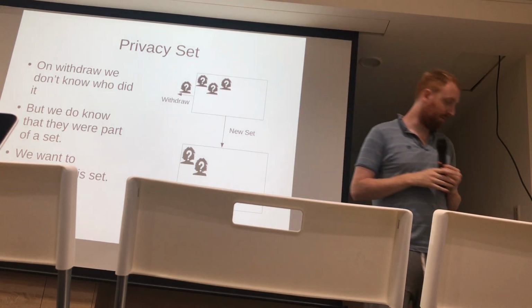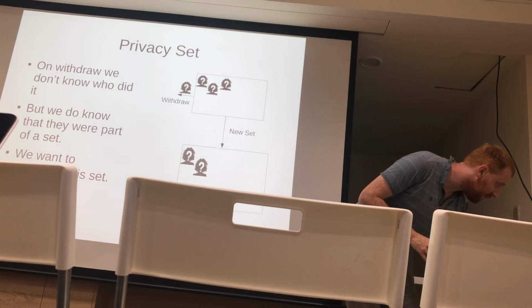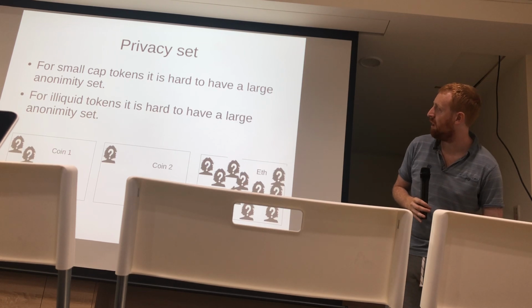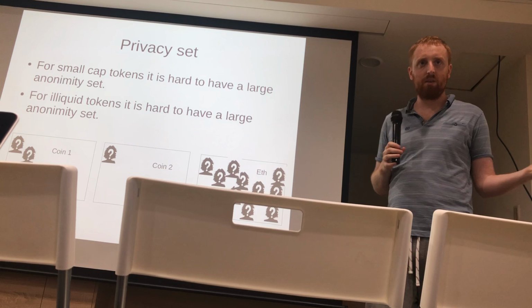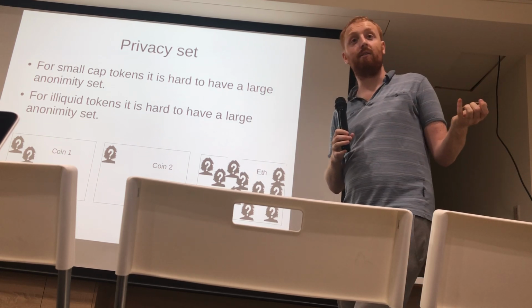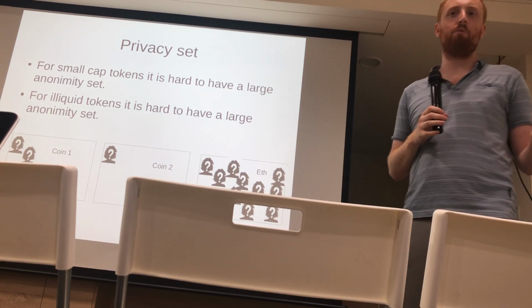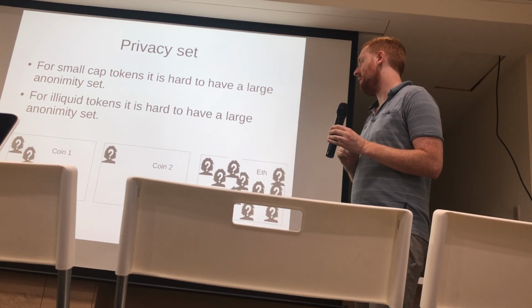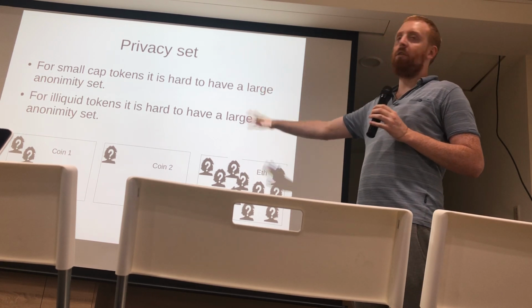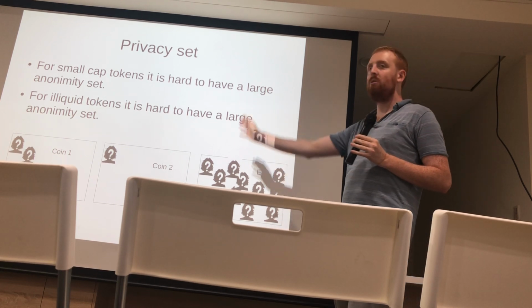But this is kind of a problem because in Ethereum we have a whole bunch of different tokens. If we want to include privacy for all of those tokens, it's kind of difficult because we have coin 1 and coin 2, and there's only 1 or 2 people in there.